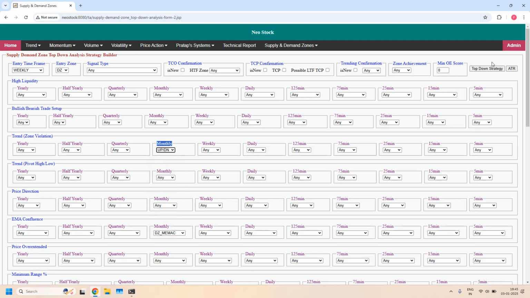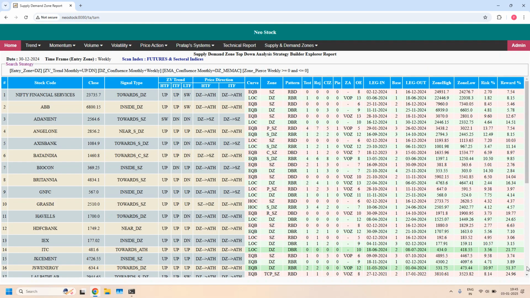So with these filters, we got a big list. Always look into the search strategy, you get clarity. We're looking for weekly, monthly zone confluence, and monthly EMA confluence. So first 16 stocks, these are the high probability setup zones.